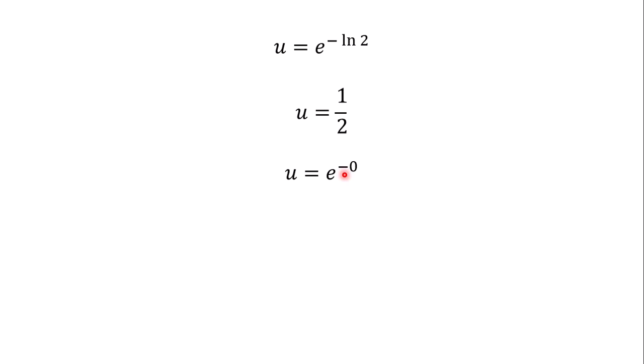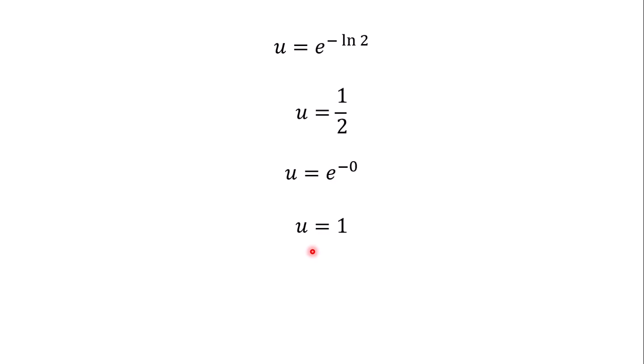The negative sign here would mean going in the negative direction, but actually there is no movement, so we just assume it to be in the middle. It's neutral unless it starts moving, maybe -0.1, something like that. But this one is just 0. So e raised to the power -0 will just give us 1.